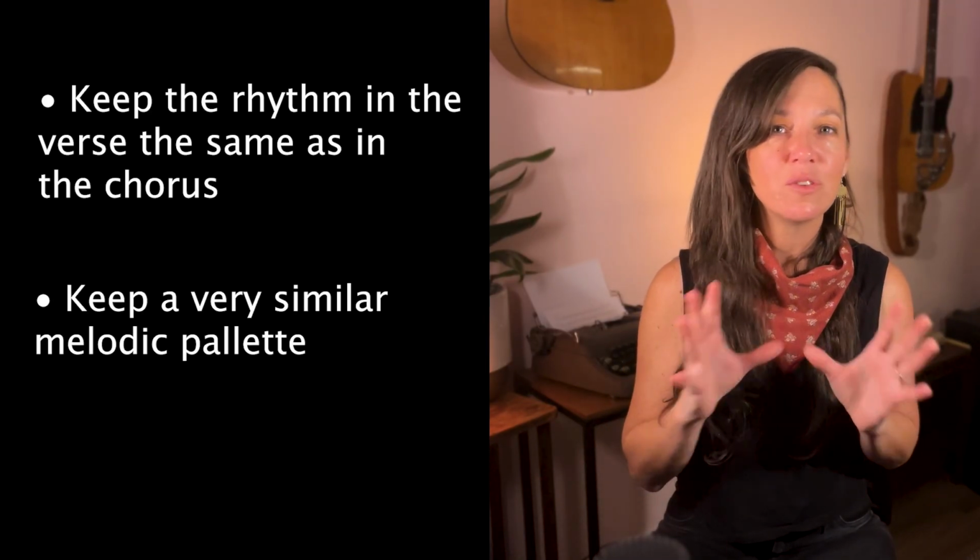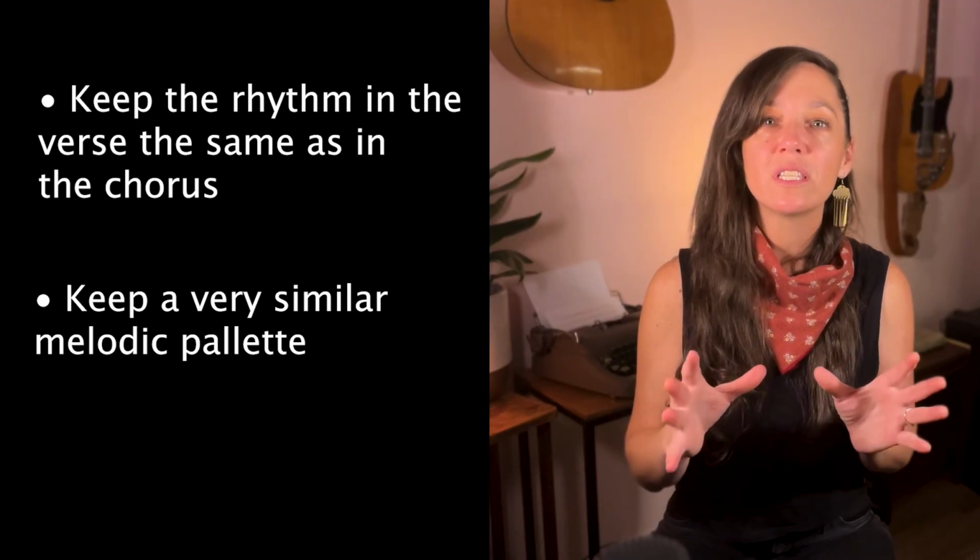I want you to kind of use the same notes. You can make a different melody, but I want them to kind of live in the same area. This is an experiment, so we're doing this on purpose. It might feel really uncomfortable and boring to you, and if that's the case, that's great. We're creating a controlled problem, so don't rush in to fix it. You want things to stand on a flat piece of land, and this is how the song is going to show you what's missing.